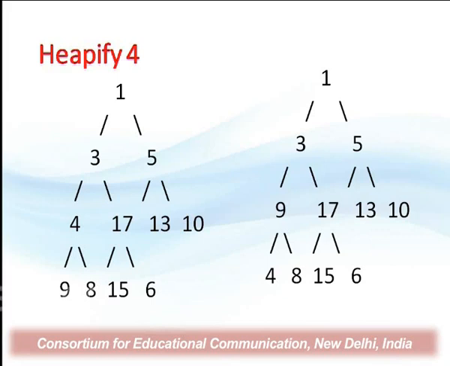Now please notice that as we have just started, the left and right children at present are actually leaf nodes, so heapifying the root node is not disturbing the left and right children. There is also a possibility that the moment you heapify the root node of a particular subtree at level i, then at level i plus 1 its left and right children get disturbed from their own heap property.